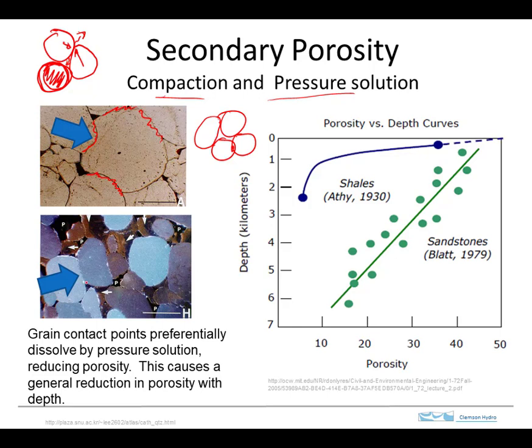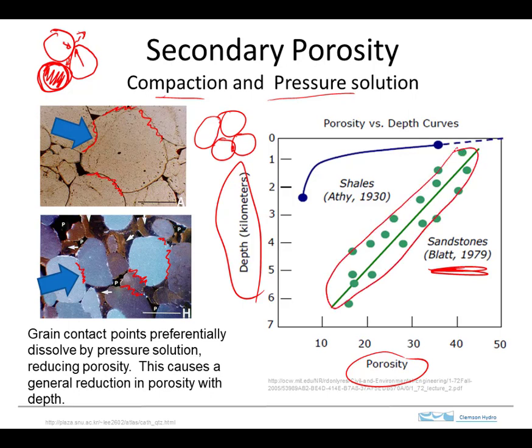So here's another example of a photomicrograph, and you can see that it's really pretty impressive. Once you're keyed in on this, you can see that all of these grains are sutured together. Okay, so this causes the porosity to be reduced, and if you look at many sandstones and plot the porosity as a function of depth, then this figure from a publication by Blatt shows that the porosity of sandstone is generally decreasing with depth.